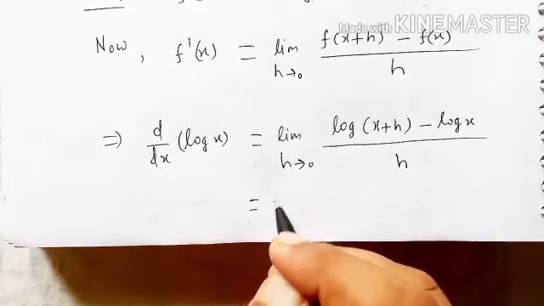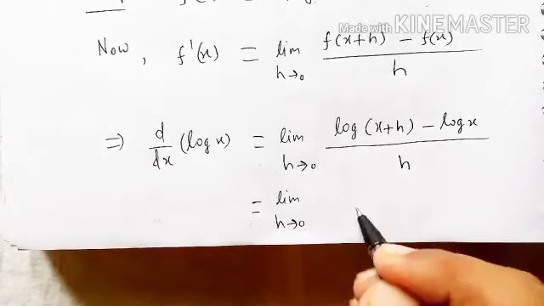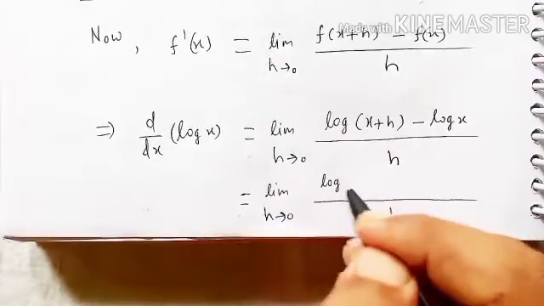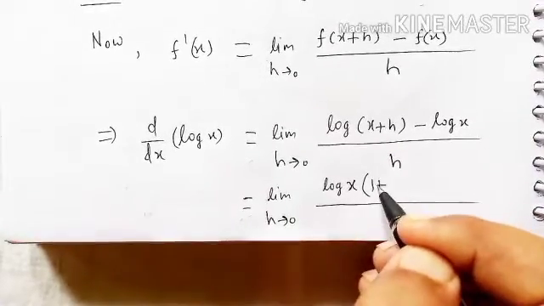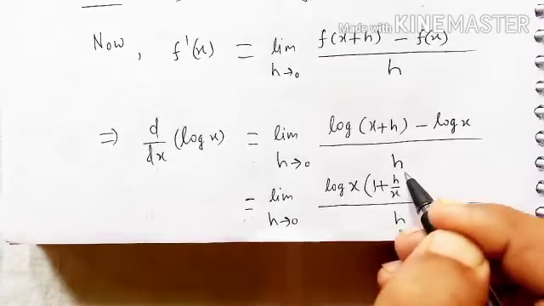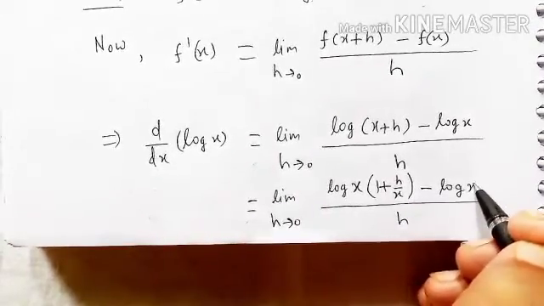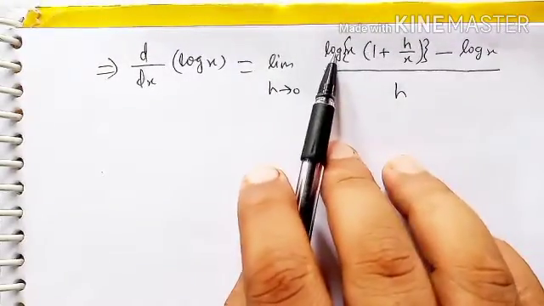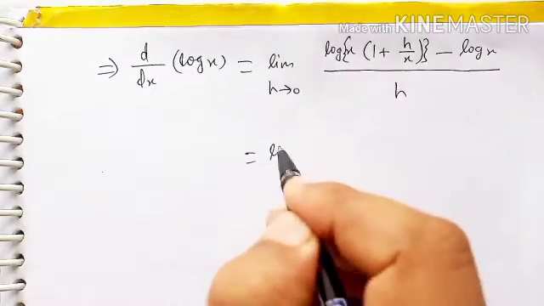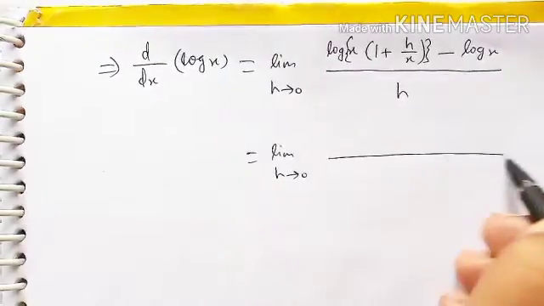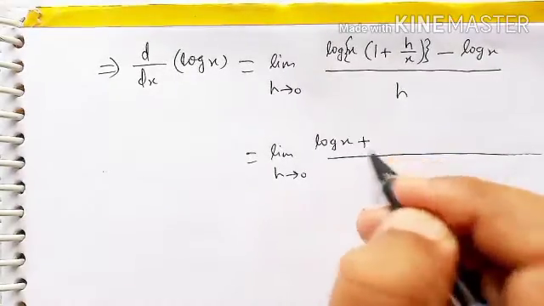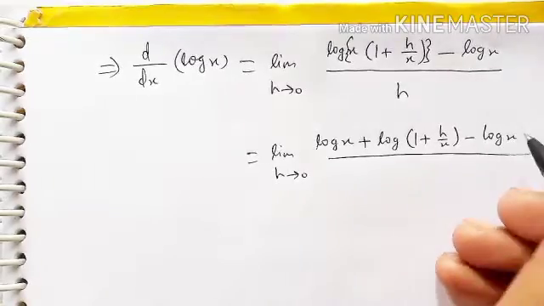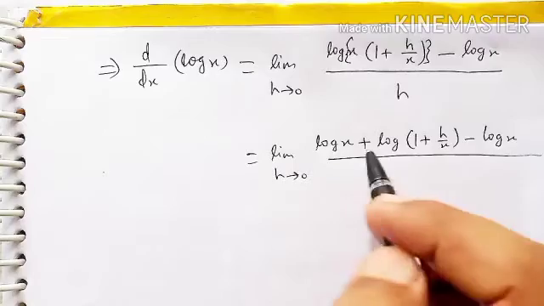This is equal to limit h tends to 0. Here we can take x common, then we have 1 plus h by x. According to the property of logarithm, we know that log of p into q is log of p plus log of q.